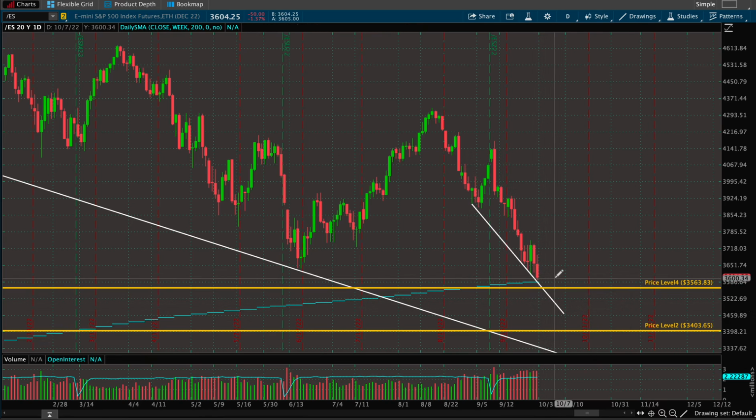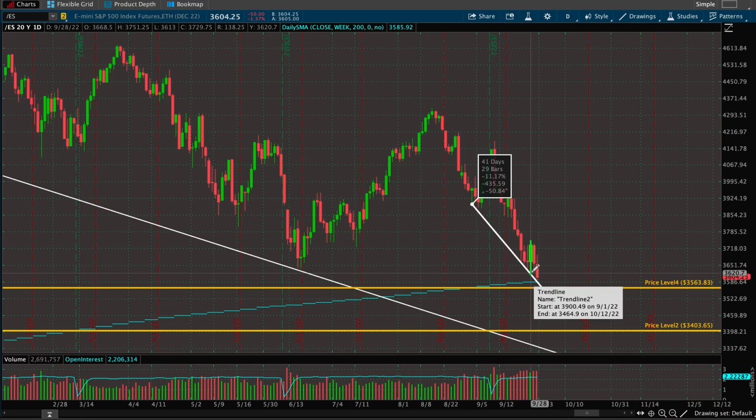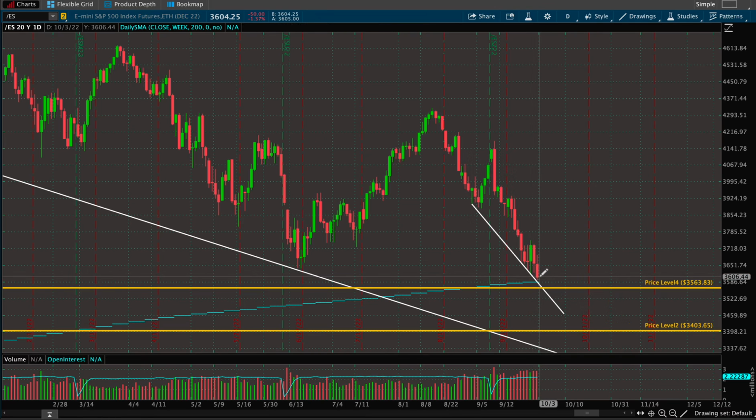I'm currently long in ES, and I'm going to carry that long into next week. I entered here, so let me see, where was my entry? My entry was 3610. Yes, so I'm going to DCA here.